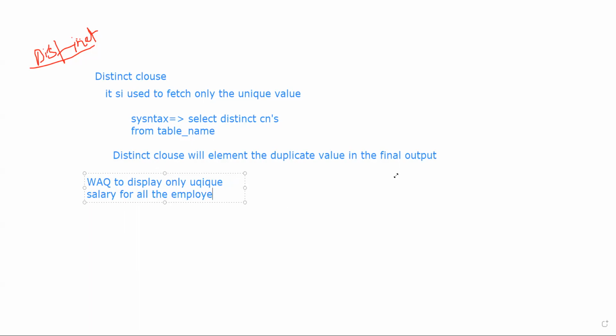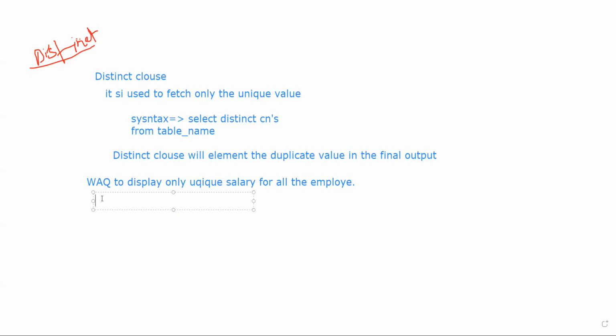Suppose in a company there are 100 employees, but you have to fetch only the unique salary. Any idea, guys? Those who have the unique salary, that person only you have to fetch.